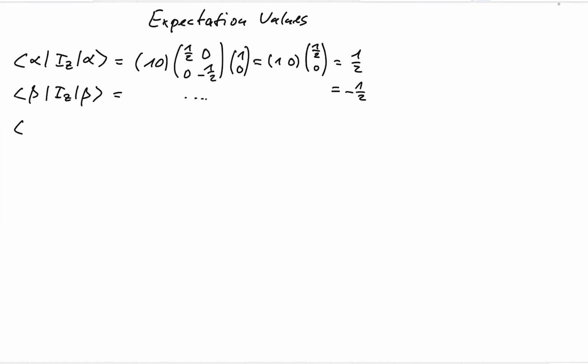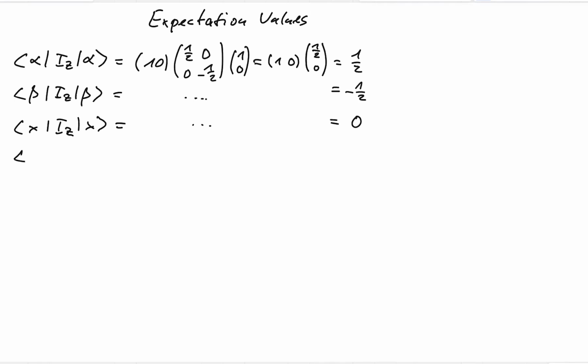If we now apply the x state to Iz, then if you do the math, we find that it is 0. So the x state is not an eigenstate of the Iz operator, and because of that, we end up with an expectation value of 0.